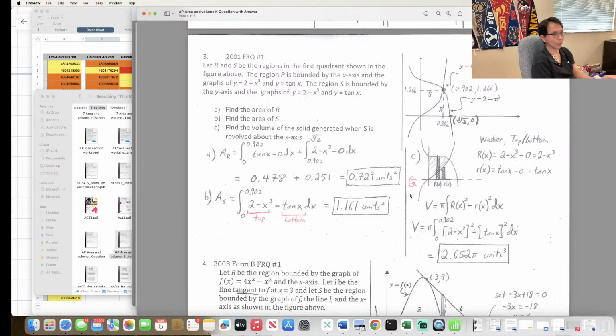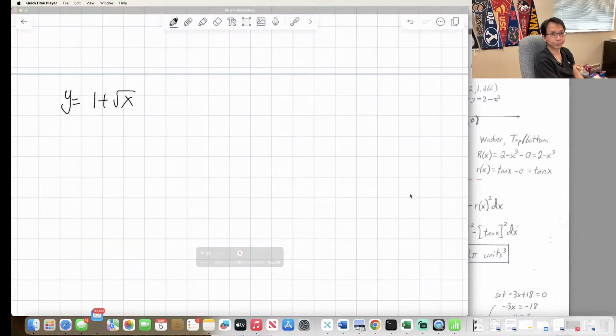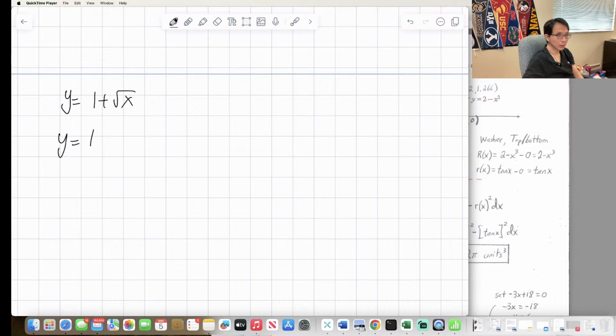Okay, so what's the other function? y equals 1 and x equals 4. Okay, and it's rotating where? y equals 3? Or y equals 4? I think y equals 3.